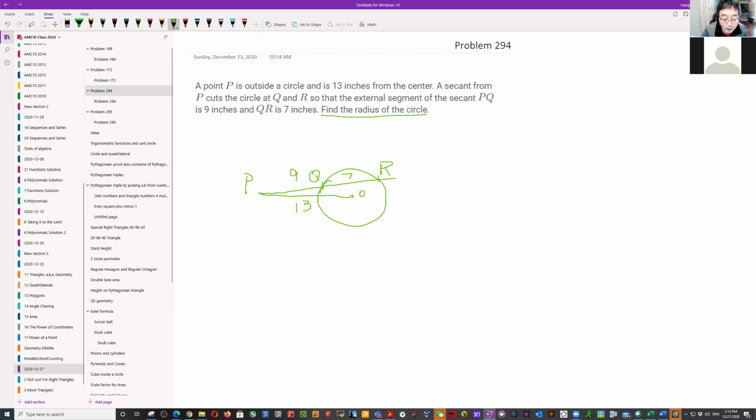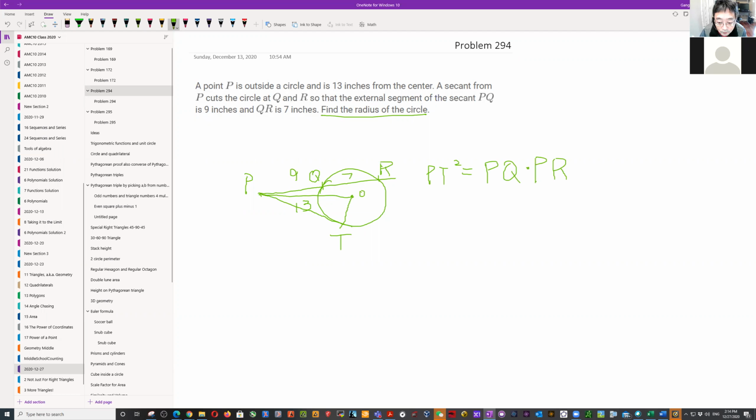So this actually combines a bunch of information. This is a secant. By power of the point, if you know the two segments of the secant, you are able to calculate the tangent. If you draw a tangent here, PT, then PT squared is equal to PQ multiply PR. This is just the result from the power of the point.